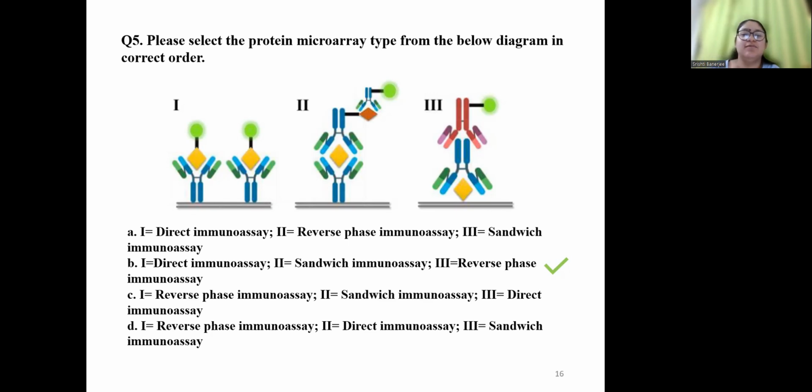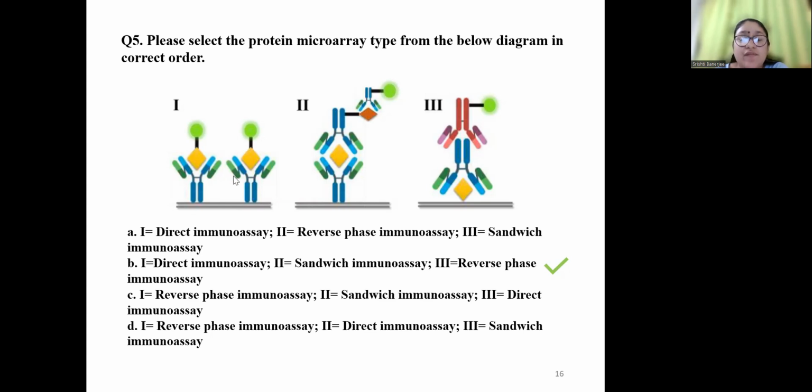Nice explanation. Direct means no intermediate things. So direct means direct capture. You are immobilizing your antibodies against known proteins. You know these proteins are present, so you raise antibodies against them, and in your microarray chip you immobilize the antibodies, and these antibodies can bind to different proteins.